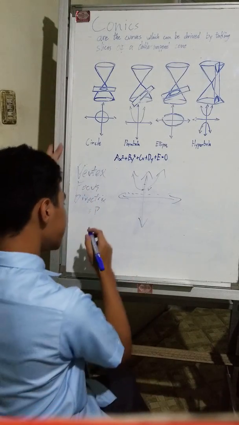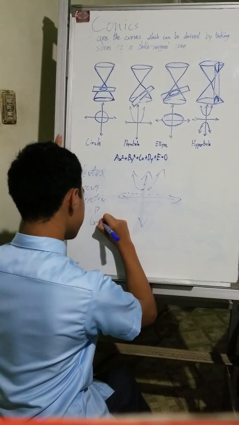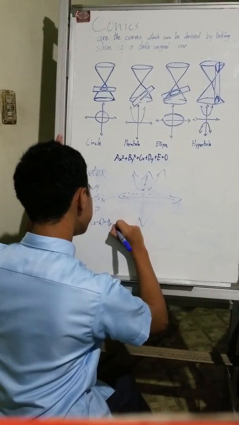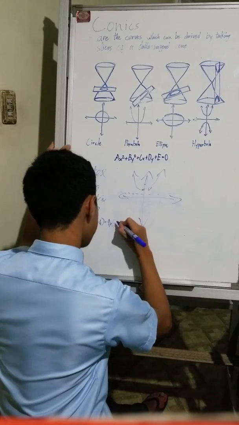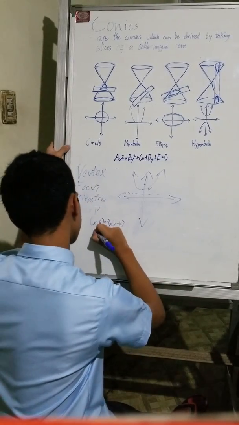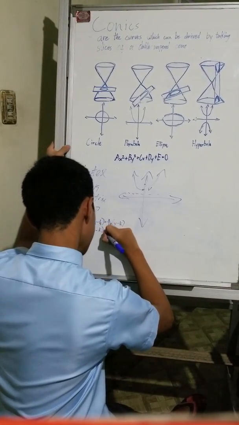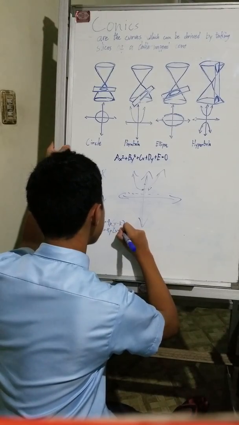Anyway, the formula here is either (x minus h) equals 4p times (y minus k), or it's (y minus k) equals 4p times (x minus h).